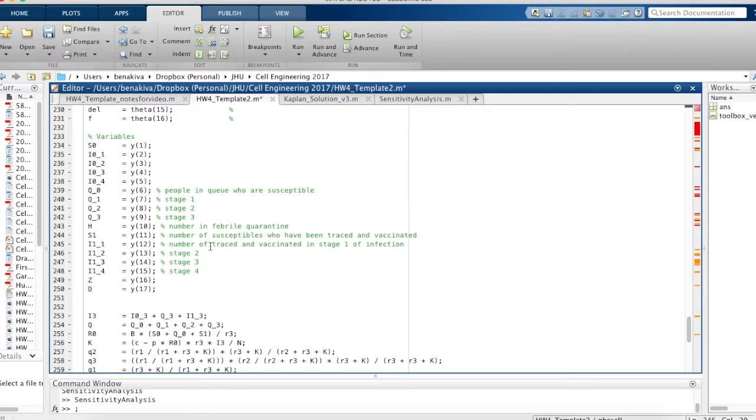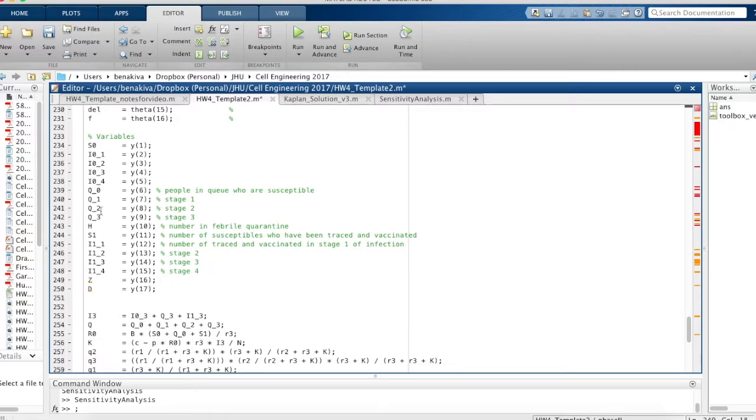And then I11, this is similar to these variables, but this is the number of traced and vaccinated people who are in stage 1 of the infection, the same number in stage 2, stage 3, and stage 4, and then we already talked about Z and D. So for phase 2, you're going to have to set the initial conditions for all of these 17 variables, and then your output for the ODE solver will again be all of these variables over time from 0 to 295 days, which corresponds to 5 to 300 days in the overall model when you also include phase 1.